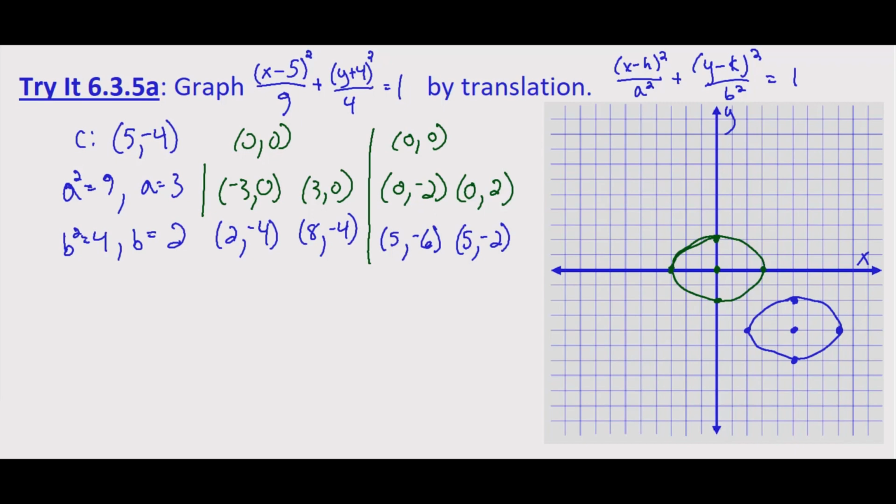So essentially, again, what we did was we translated x squared over 9 plus y squared over 4 equals 1. We translated that 5 right and 4 down.